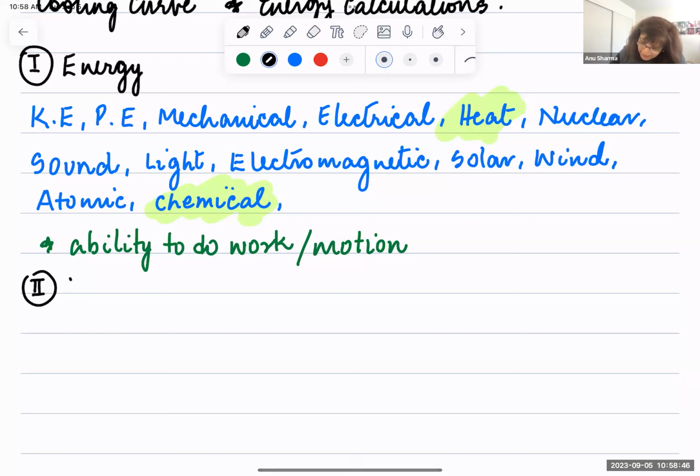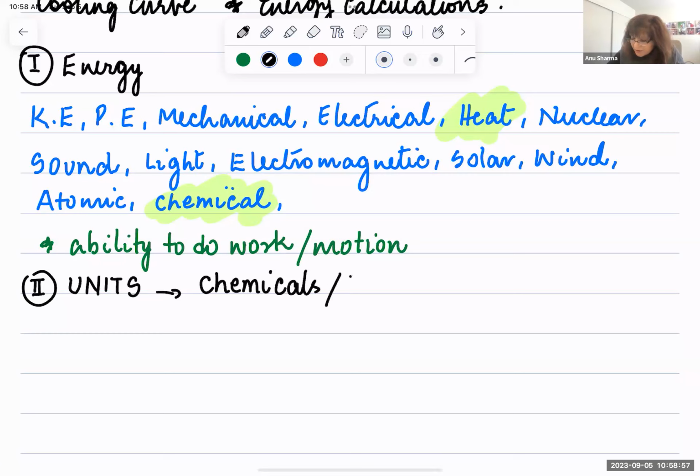We're going to look at the units with regard to, as we said, our focus in this course: chemicals and energy, chemical bonds, how much energy is needed to break the bonds, how much energy is needed to make the bonds, and any excess energy, where does it go? It goes into the air. So we will look at the chemicals and then the heat.